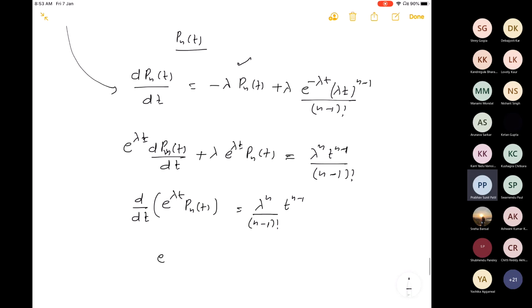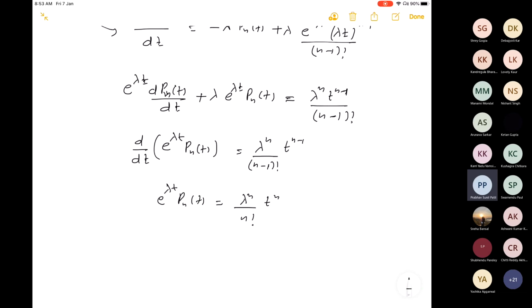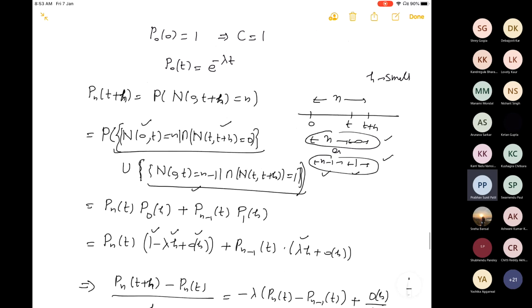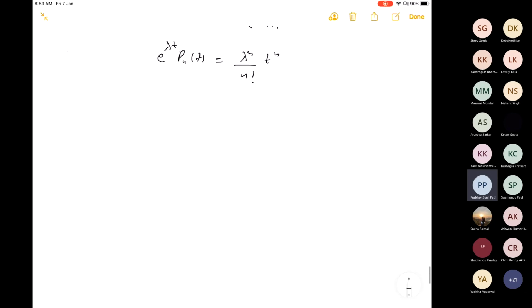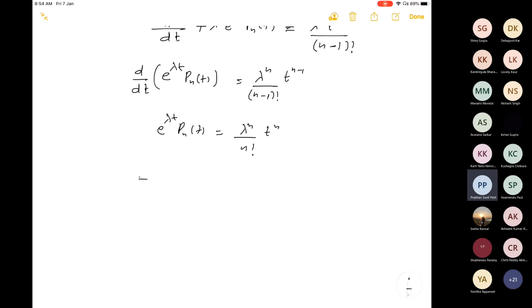Taking integration on both sides, e raised to power lambda t Pn T will be lambda n t n upon n factorial plus some constant of integration, plus c for example, that we adjust like we adjusted previously, so that it will be 0.